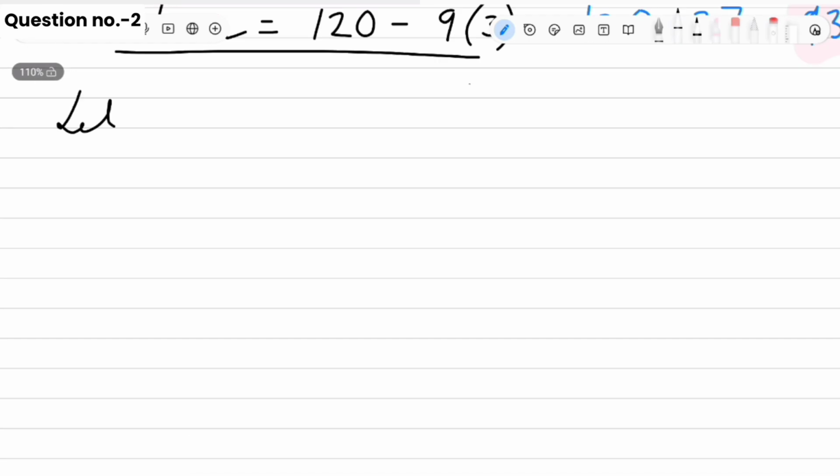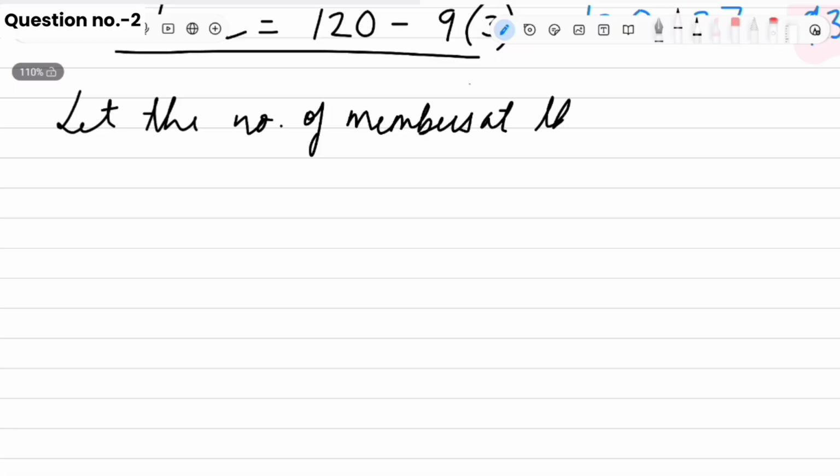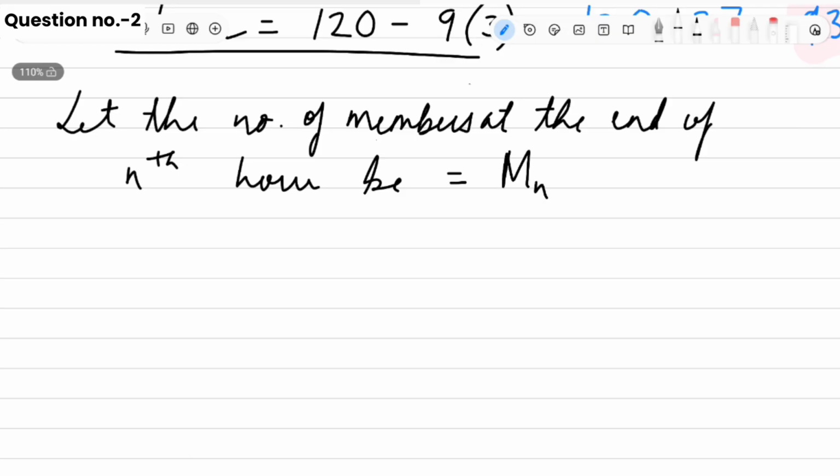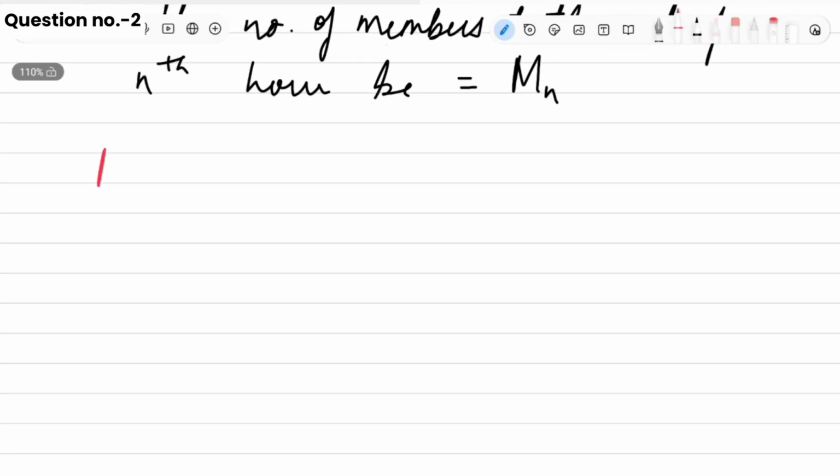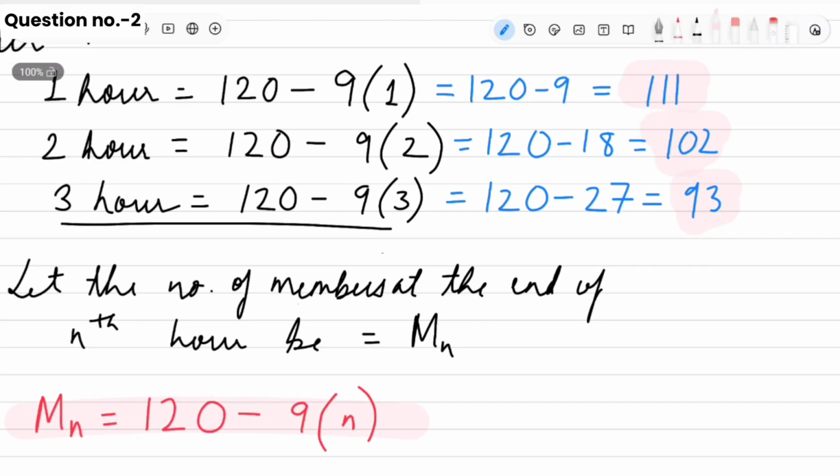So we'll write, let the number of members at the end of nth hour be, क्योंकि यहाँ हम नंबर ऑफ मेंबर्स की बात कर रहे हैं, so we'll write let that be mn. ठीक है, so mn 120 टोटल नंबर ऑफ मेंबर्स थे, minus हर आवर पे 9 घट रहे हैं, तो nth आवर में into n, 9 into n हो जाएगा. So this is your linear expression and this is your answer.